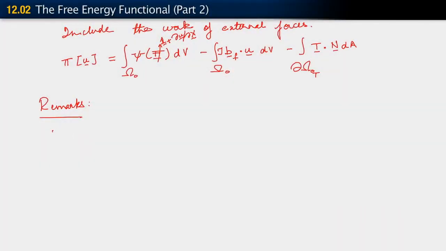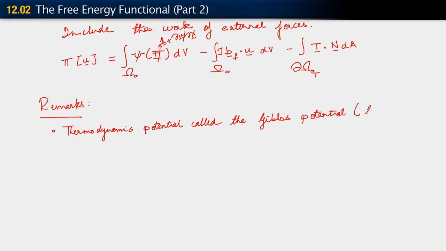This is a thermodynamic potential called the Gibbs potential. Also, just like the Helmholtz potential, it's often called the Gibbs free energy.